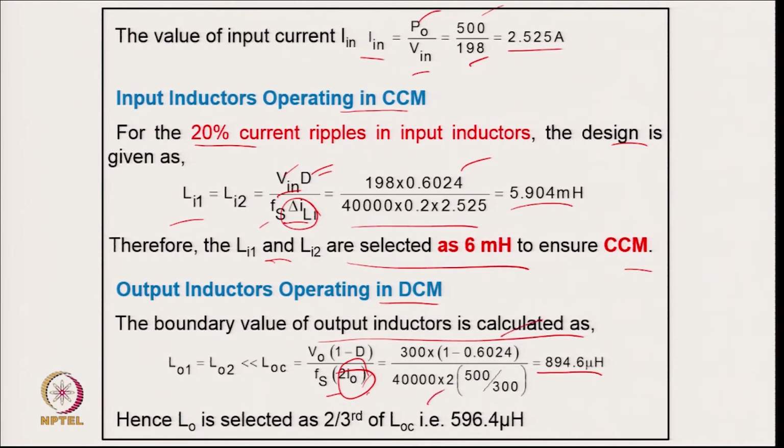However, we have to select a value lower than that to make sure these inductors operate all the time in discontinuous mode, because that decides the type of control we are using, like a voltage follower approach. Hence both the output inductors Lo are selected as 2/3 of this value, that is 596.4 microhenry.